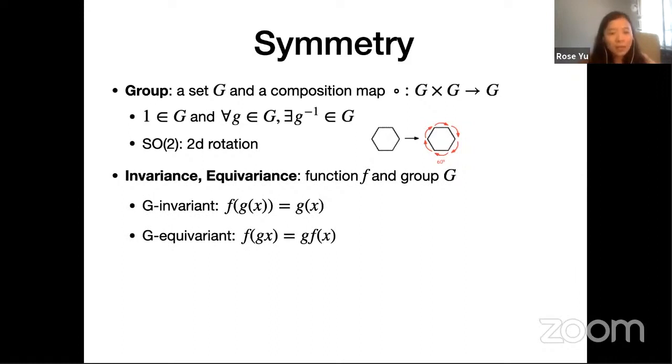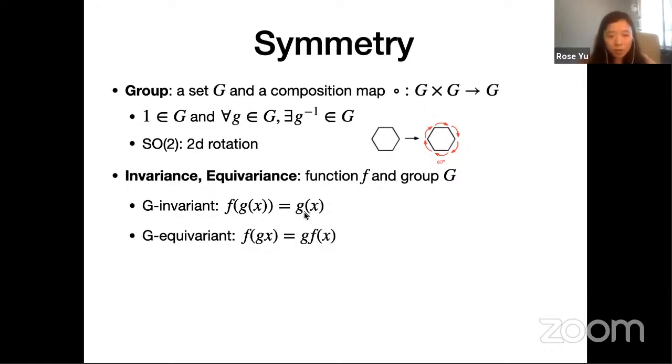A function f is G-invariant if, when we apply a group transformation g to the input x, it does not change the output of this function. So f(g(x)) is the same as f(x). Applying this group transformation will not change the output of this function, and that's what we mean by G-invariant.